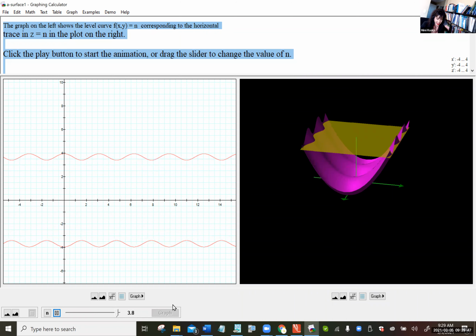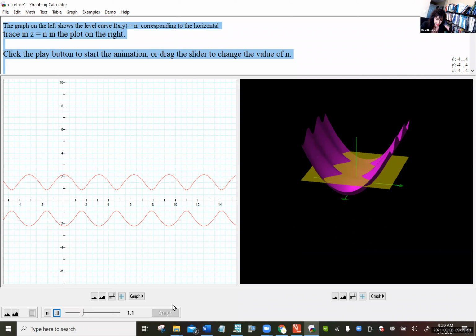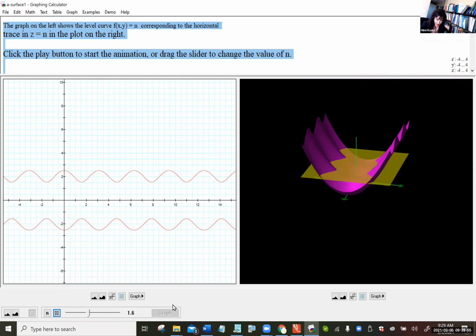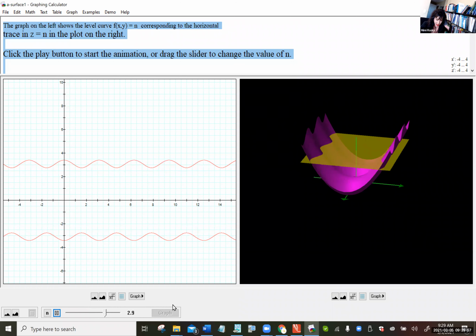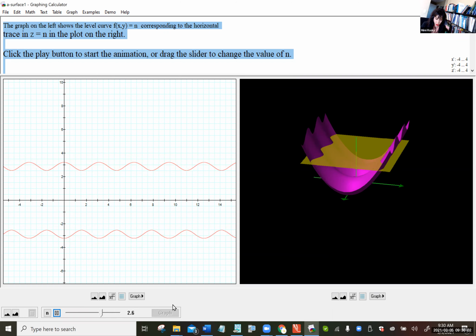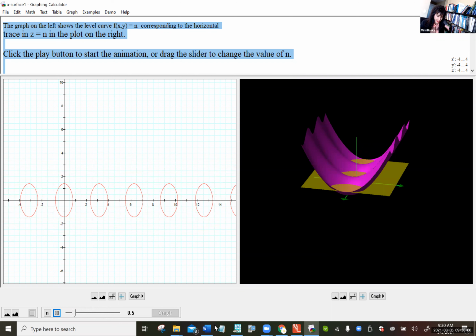And the corresponding contour map is on the left-hand side. So cool beans, huh? Waves. They're just giving you the different level curves for this particular interesting surface. That's kind of neat. I like that. So, okay, that was fun.